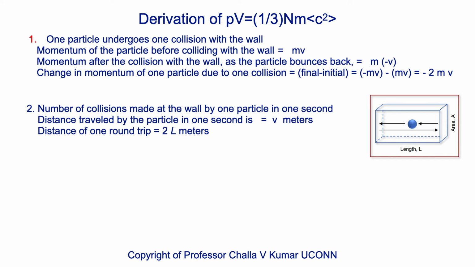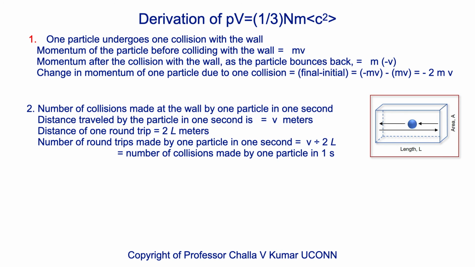Okay? So in 1 second, it is making v over 2L round trips, and for each collision, the change in momentum is minus 2mv, as we derived above. So now we can calculate the rate of change of momentum, meaning the change in the momentum of this particle in 1 second along the x-axis.